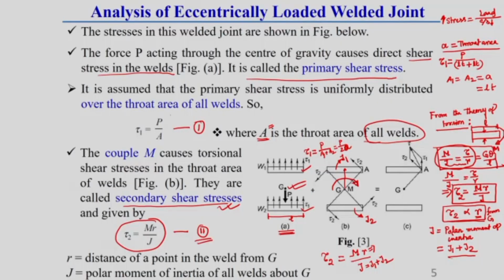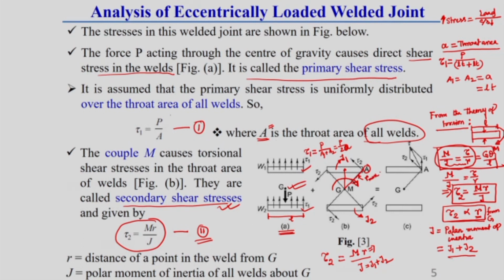In this case, where will the maximum shear stress be with respect to G of this weld? The farthest distance from G to the weld is the corner point of this weld, which I am representing as A. So, this is the maximum distance, you can say R max.